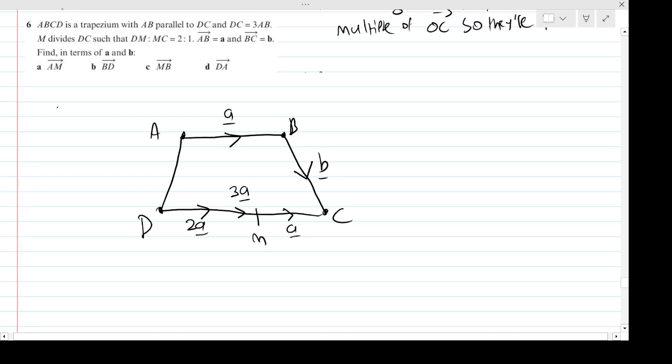Anyway, let's find some vectors. Firstly, A to M. That's the vector directly from A to M, but we don't have information on that. But can't I just go from A to B, then B to C, and then C to M? I can do that path.